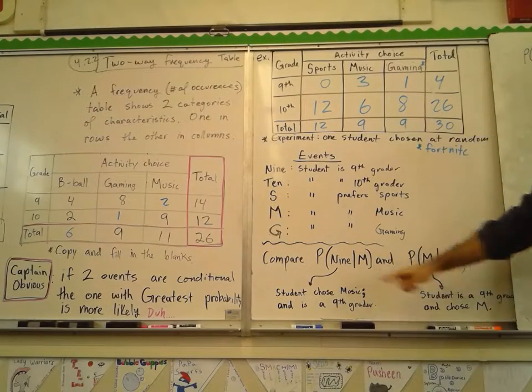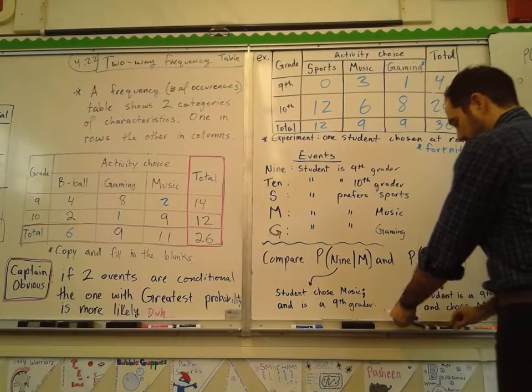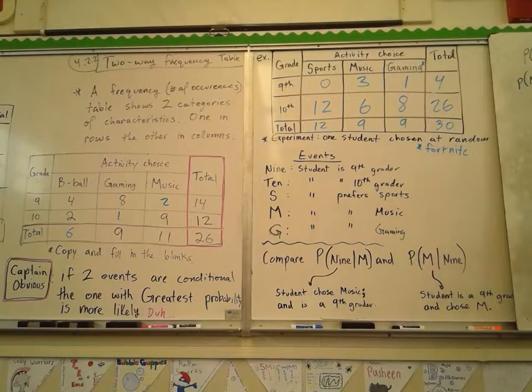We have to compare these two and see which happens more often. First, the probability that somebody loves music and they're a ninth grader. And then we're going to do the other one. So let's set this one up first and look at this.